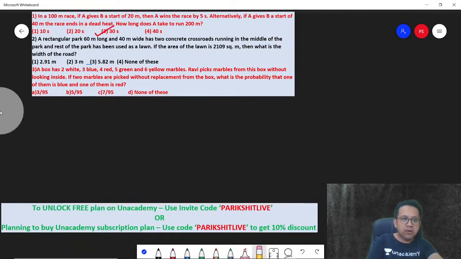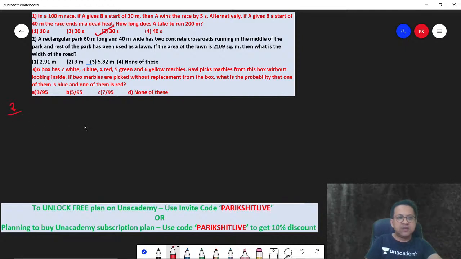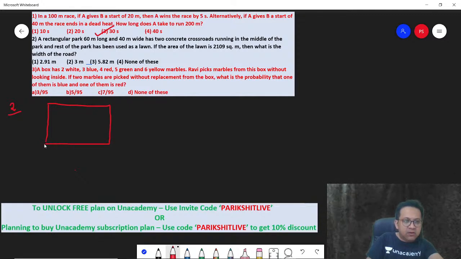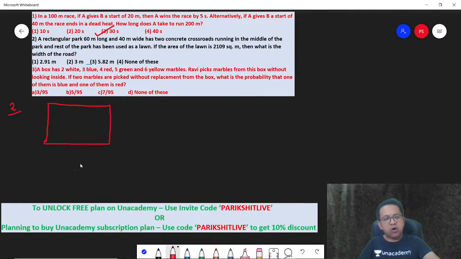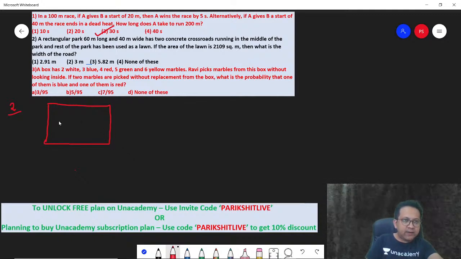Number 2. A rectangular path 60 meters long and 40 meters wide has two concrete crossroads running in the middle of the park, and the rest of the park has been used as a lawn.